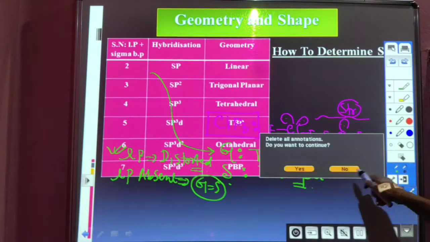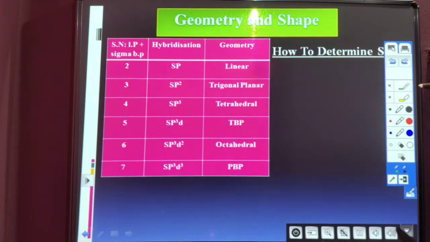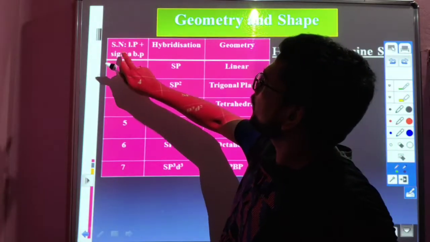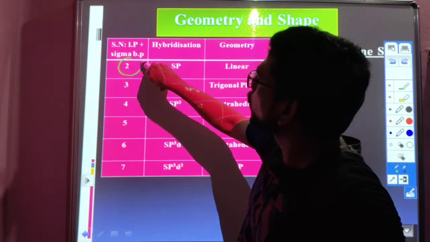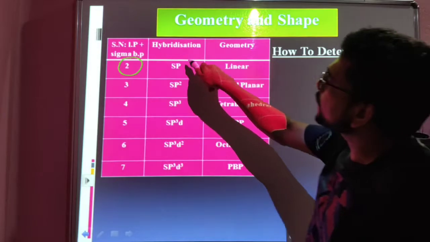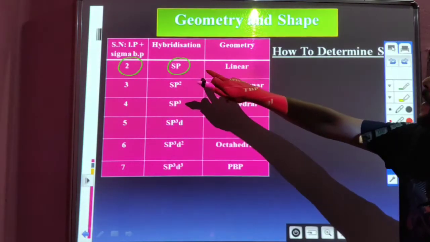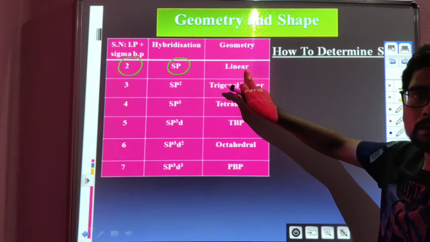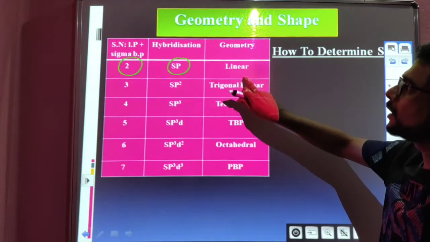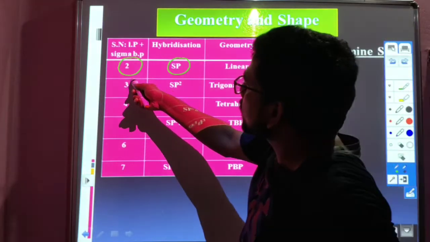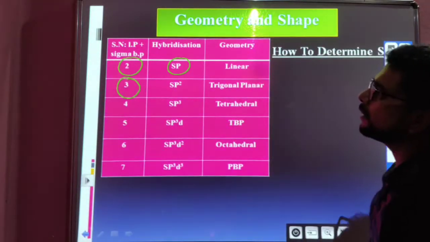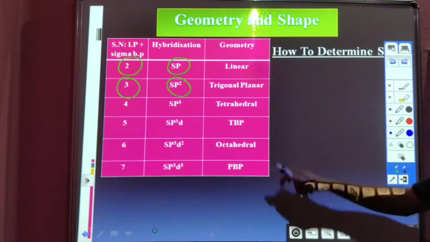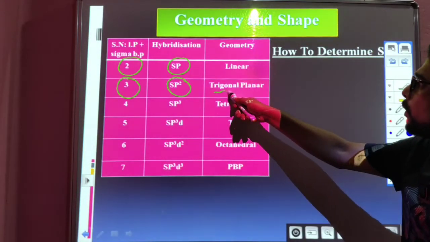See here. Steric number, lone pair plus sigma bond pair, is 2. Hybridization is sp. If hybridization is sp, geometry will be linear. Sigma bond pair plus lone pair 3: hybridization is sp2, geometry is trigonal planar.